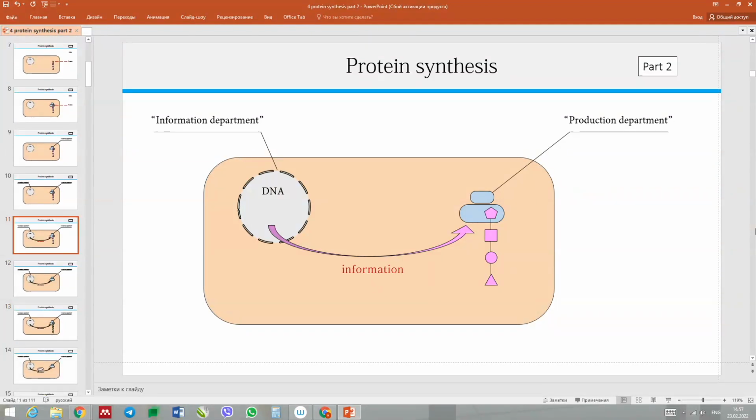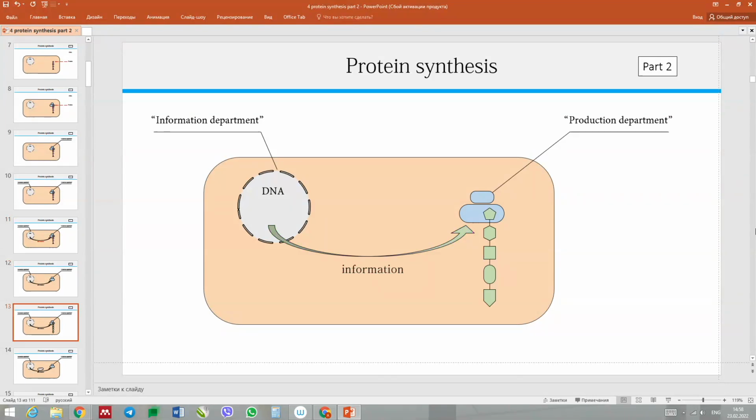And of course, if we use different portions of DNA with different information inside, we will have a different structure of the protein. So this is an example when, let's say, one portion of DNA with information about protein 1 was used to construct the protein.